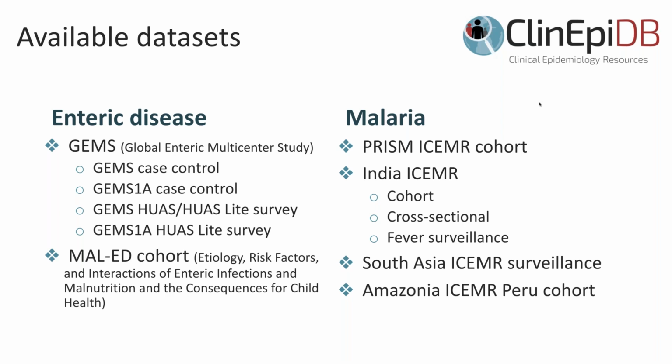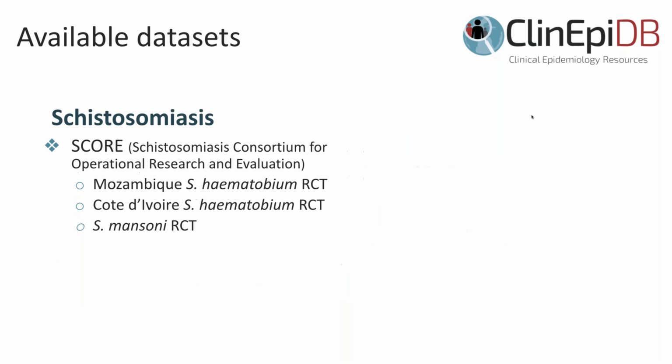Both of these are very large-scale studies that happened in a number of sites around the world. We also have a bunch of malaria studies, many of them from the International Centers for Excellence in Malaria Research isomer projects. And we have schistosomiasis studies coming out of the Schistosomiasis Consortium for Operational Research and Evaluation.